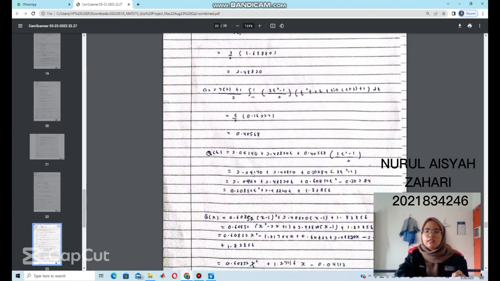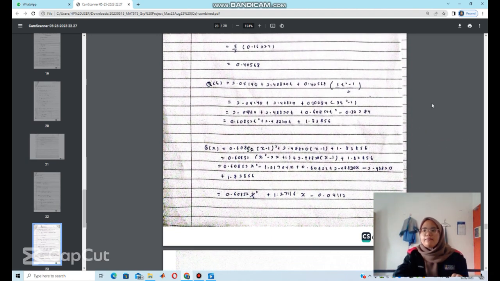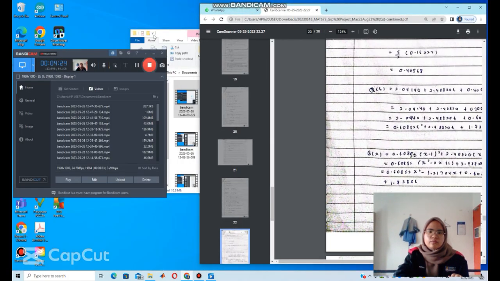But this time I set k equal to 0 at a0, k equal to 1 at a1, and k equal to 2 at a2. Lastly I got the value of q(t), and after I got the value of q(t), I need to change back to q(x), and lastly I got this value. That's all from my part. Thank you.